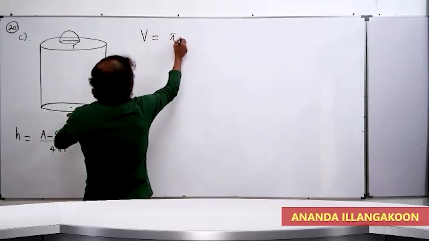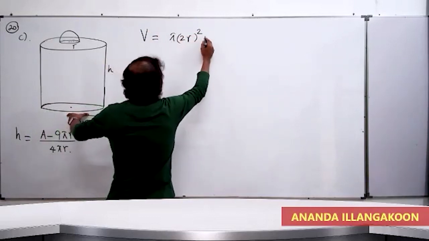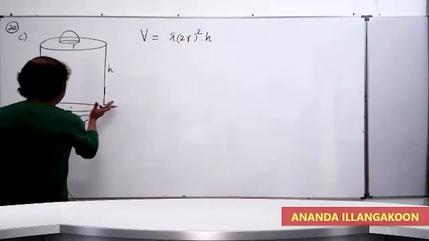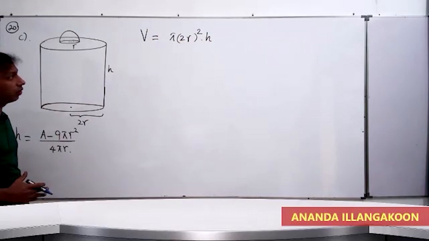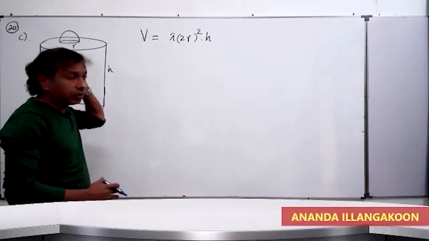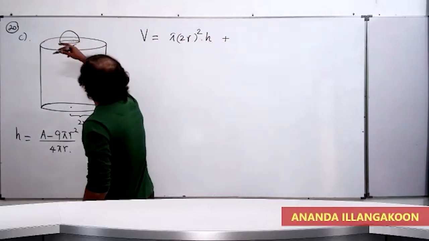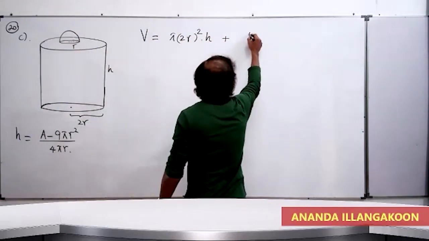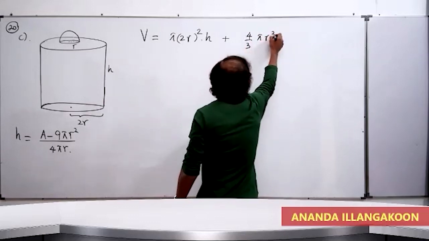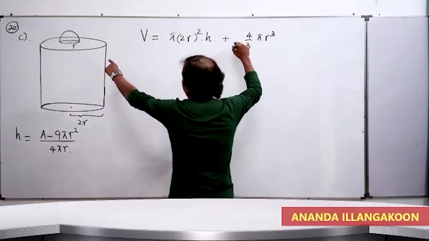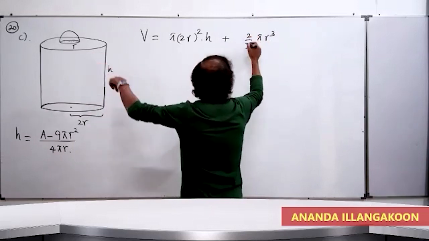Base area pi r squared, no 2r there, times h. Plus what? Here, volume is, people, 4 by 3 pi r cube of the whole sphere, but there we have half, no? Then we have divided by this 2. Then we get 2/3 coming in.